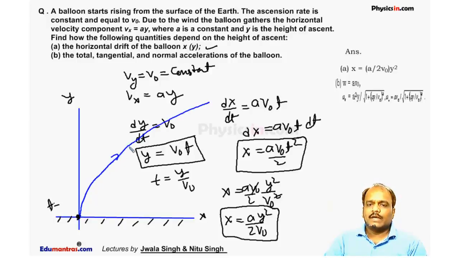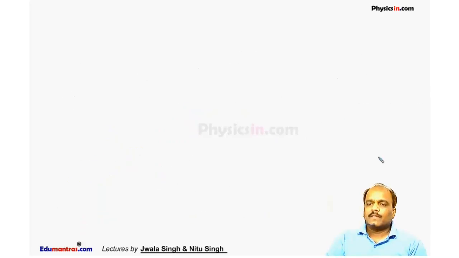It is moving like this. So let the velocity of the balloon at any time t, the balloon is here at distance x and this height is y. Let the velocity of the balloon here be v. So this is the velocity of the balloon. Now we can say the velocity of the balloon at any time t is written as v.